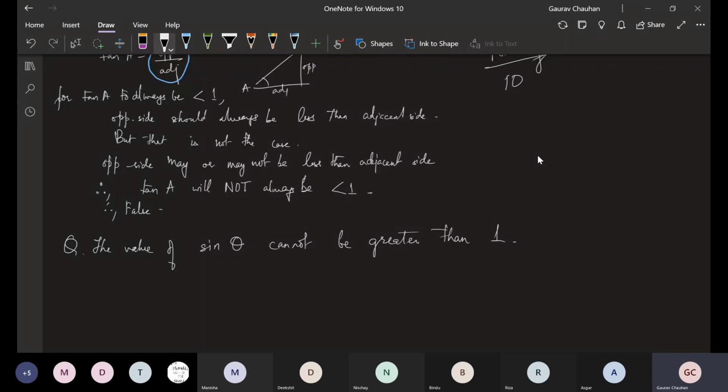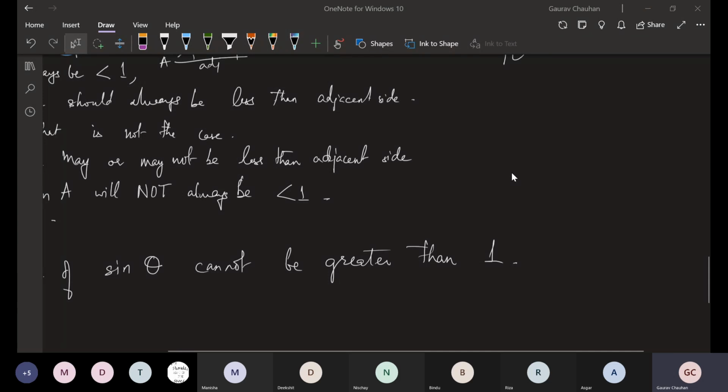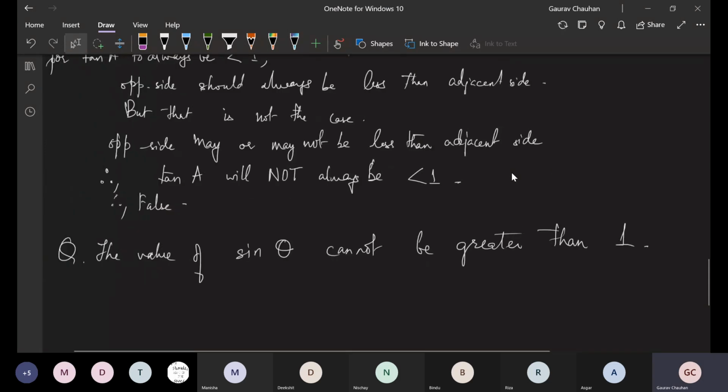I want you to think about it and tell me. It's an open question. 10 points. The value of sine theta cannot be greater than 1. First person to raise hand answers. Fist to 5. The value of sine theta cannot be greater than 1. It's a true or false question. Riza, you just answered, so we'll wait.